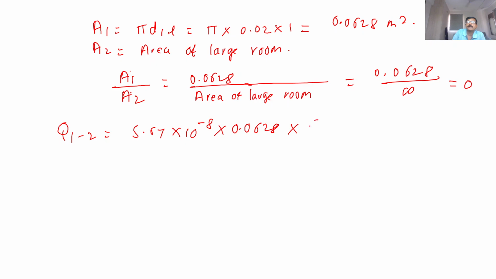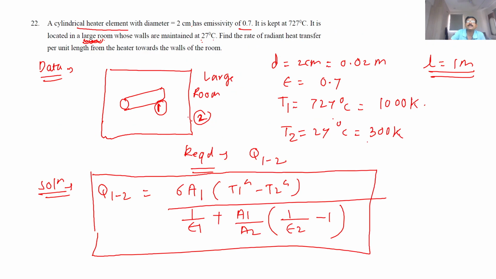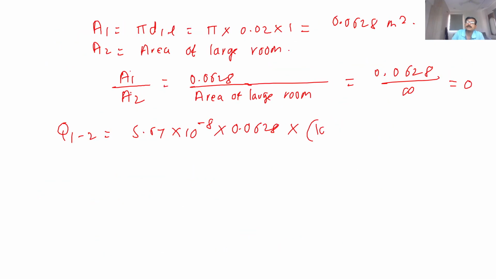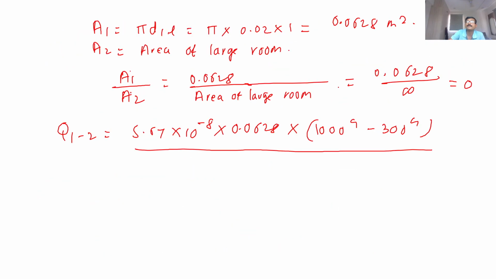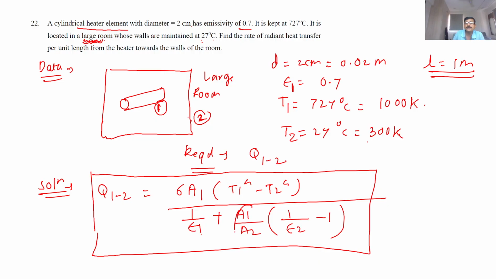0.0628 into T1 raised to 4. What is T1? 1000 minus 300 raised to 4 divided by 1 by epsilon 1. What is epsilon of cylinder? The emissivity of the cylinder is given, that is epsilon 1 is 0.7, so 1 by 0.7, but the value of A1 by A2 is 0.